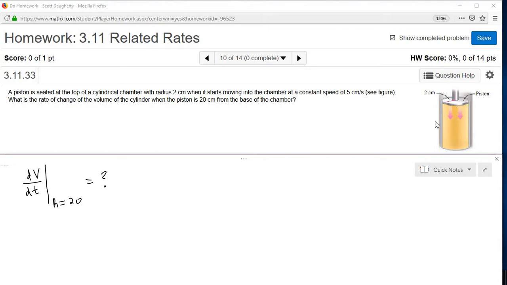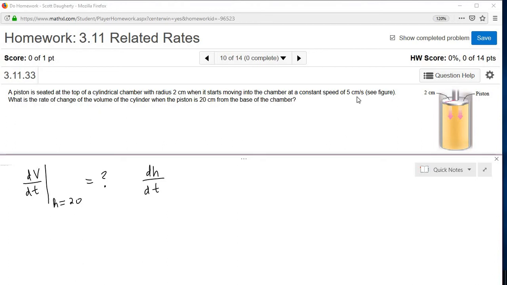As that happens, the height of the cylinder is decreasing, right? So that means the height is decreasing at a rate of 5 centimeters per second. That's dh/dt, the rate of change in the height of the cylinder over time.